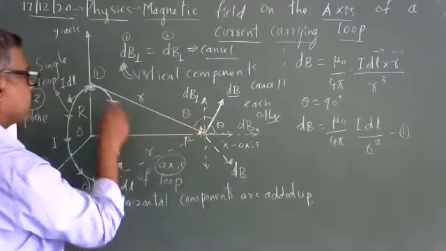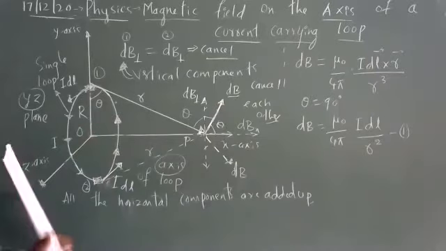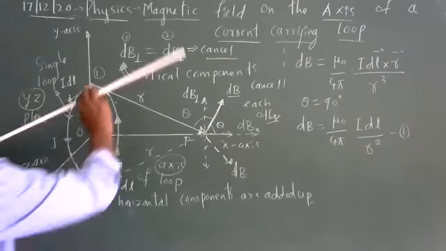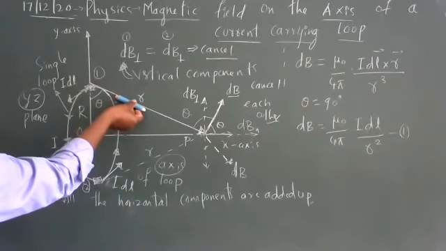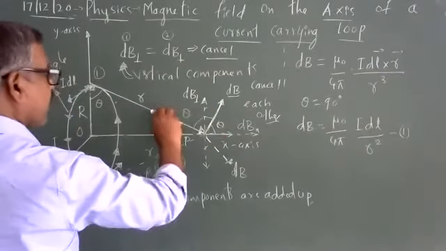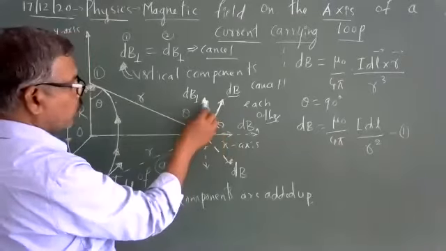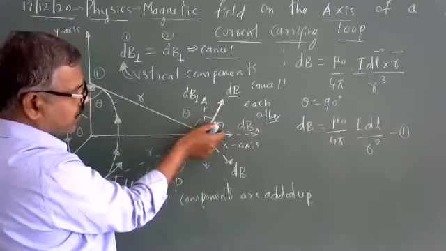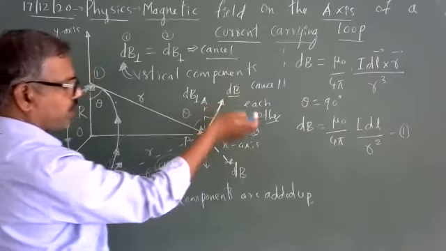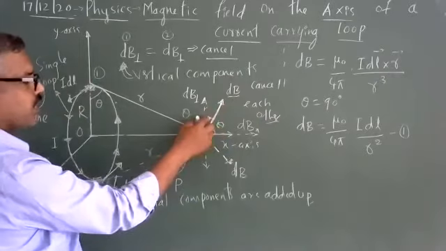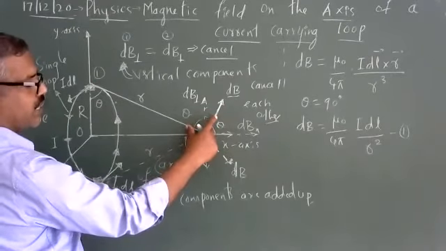This becomes 90 minus theta, and this becomes theta. This is the concept. I repeat: the angle between I dl and R is 90 degrees, and the angle between dB and R is also 90 degrees. Hence, this whole angle is 90 degrees. If this is theta, the angle made by the elemental magnetic field with the x-axis, then this becomes 90 minus theta, and this angle, again 90 degrees, becomes theta.